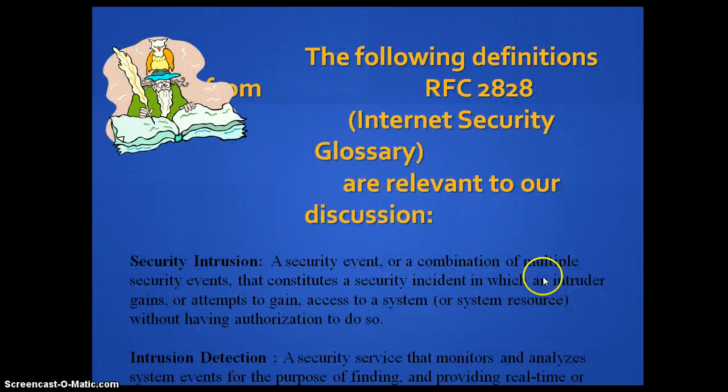Security intrusion is a security event, or a combination of multiple security events, that constitutes a security incident in which an intruder gains or attempts to gain access to a system or system resources without having authorization to do so. It means that the intruder is an unauthorized user. He tries to access the system to get benefit from the resources or the information you have.